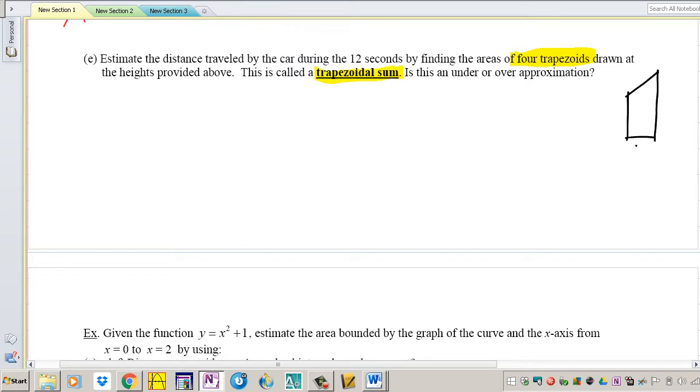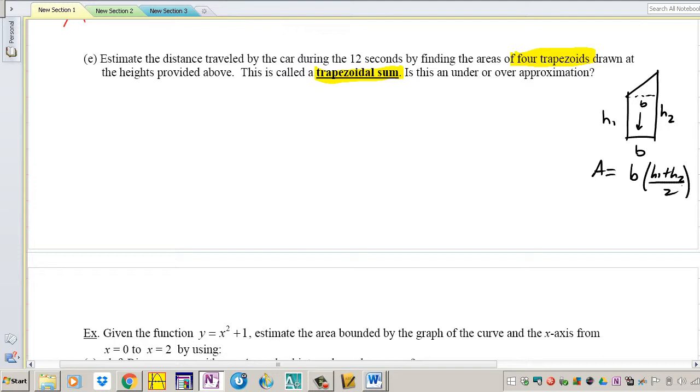This is going to be the base, this is going to be height 1 and height 2. This is the base, whatever this base is, these two should be the same. So what is the area of this kind of trapezoid? Well, it's very similar. It's going to be base times height 1 plus height 2 all over 2.